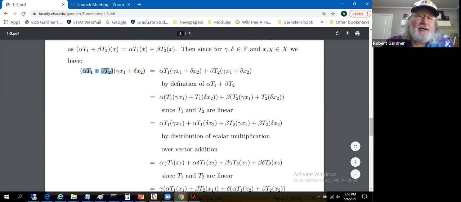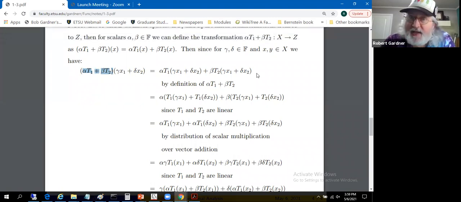So the vector x is being replaced by this linear combination of vectors here. So substitute for x this thing in the definition. So that'll give us alpha T1 of that thing, plus beta T2 of that thing, the linear combination of vectors in linear space capital X. Very definition of the linear combination of these two linear transformations is given right there.